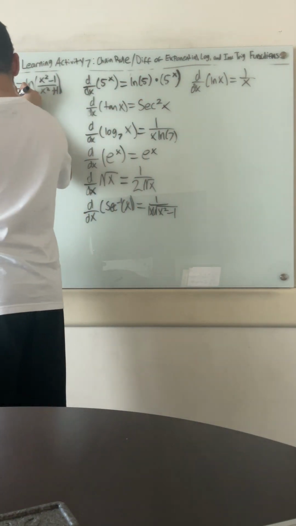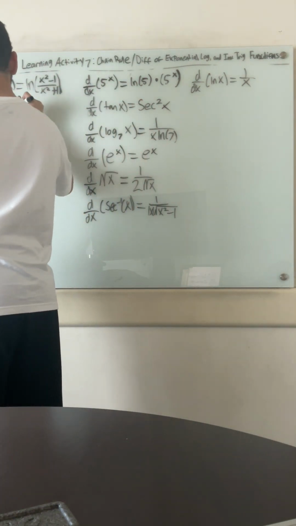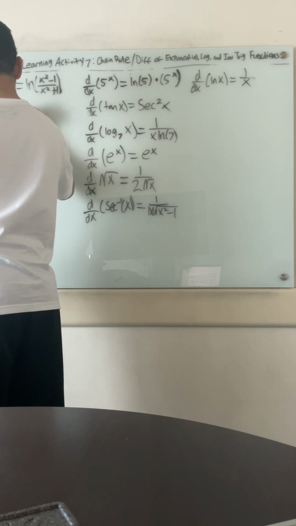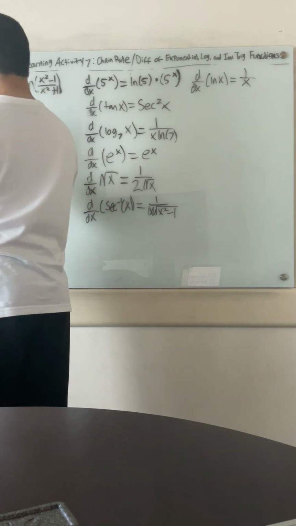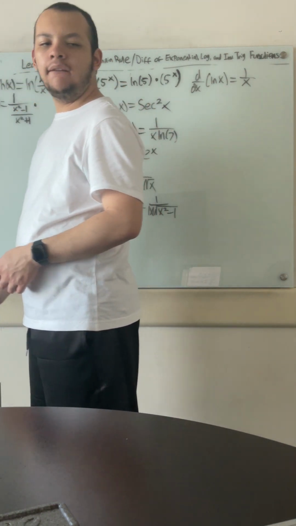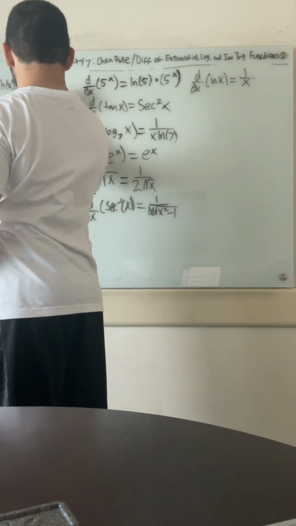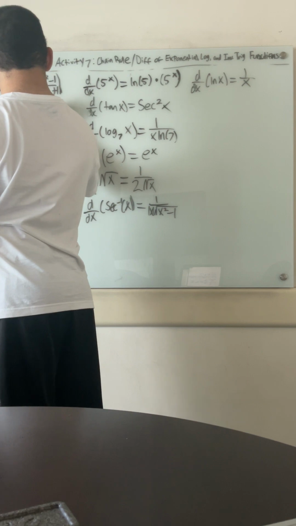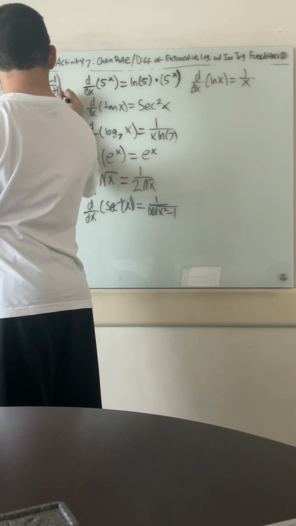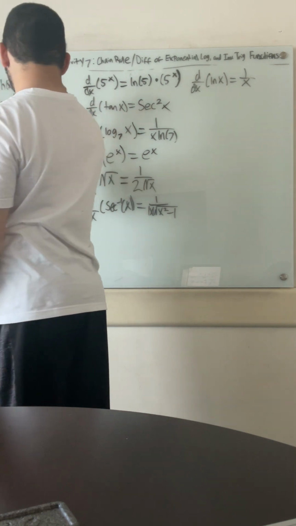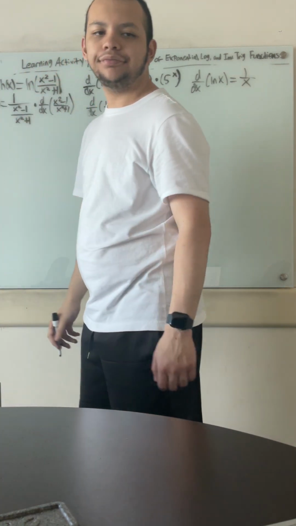So we have 1 over (x squared minus 1) over (x squared plus 1), times the derivative of (x squared minus 1) over (x squared plus 1), and this is all with respect to the chain rule.